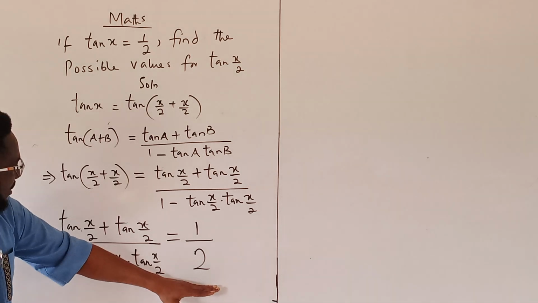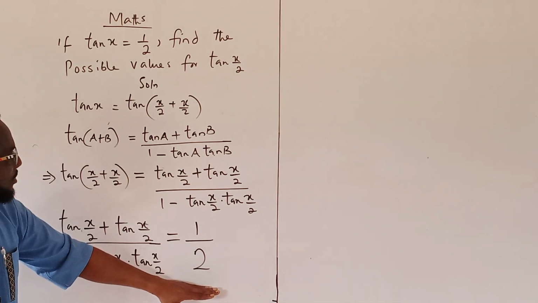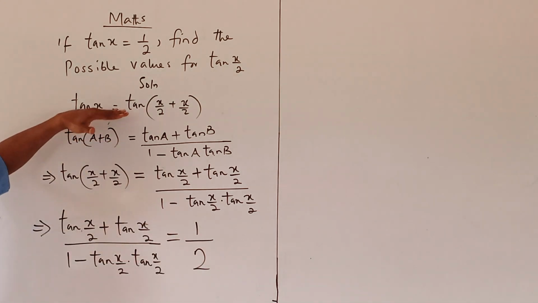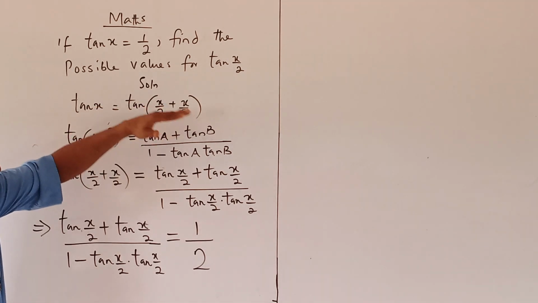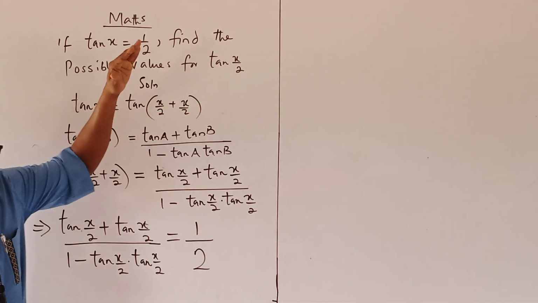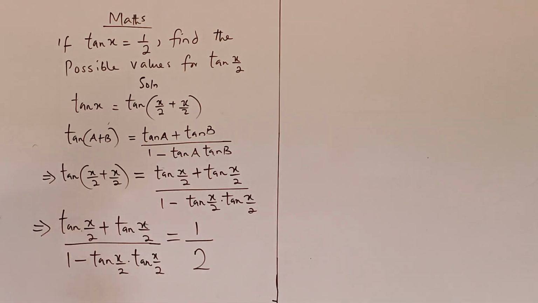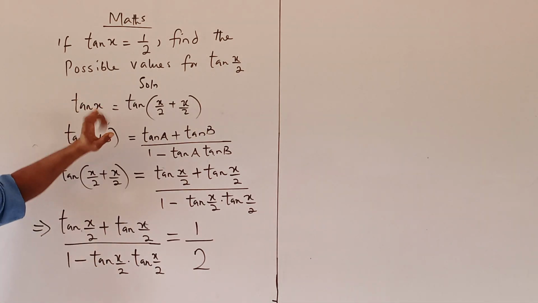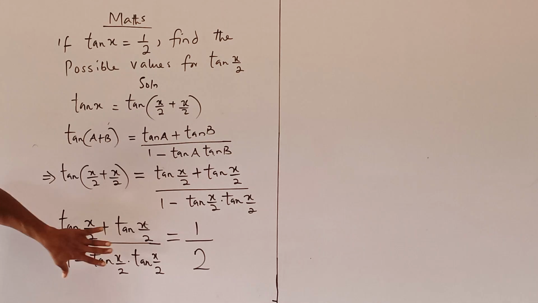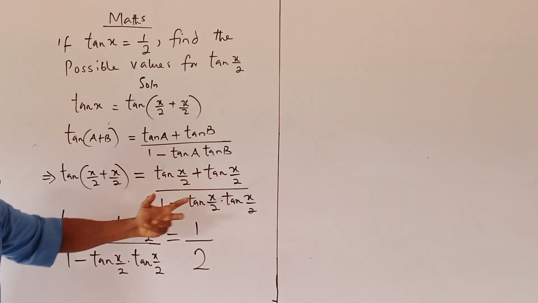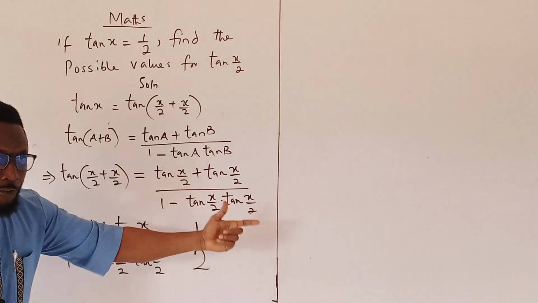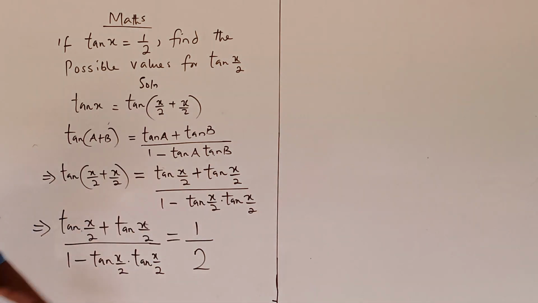If you look at what we have here, it's very easy to understand. The tangent of x is equal to the tangent of half of x plus another half of x. Now, the tangent of x is half, and x is represented by these two angles, half of x and half of x. So this is valid.